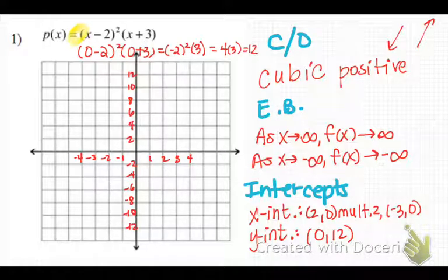Okay, so this is graphed at 2, 0 with a multiplicity, and at negative 3, 0, and at 0, positive 12. And where does this graph start? Bottom left. And then I bounce, and there's my cubic.